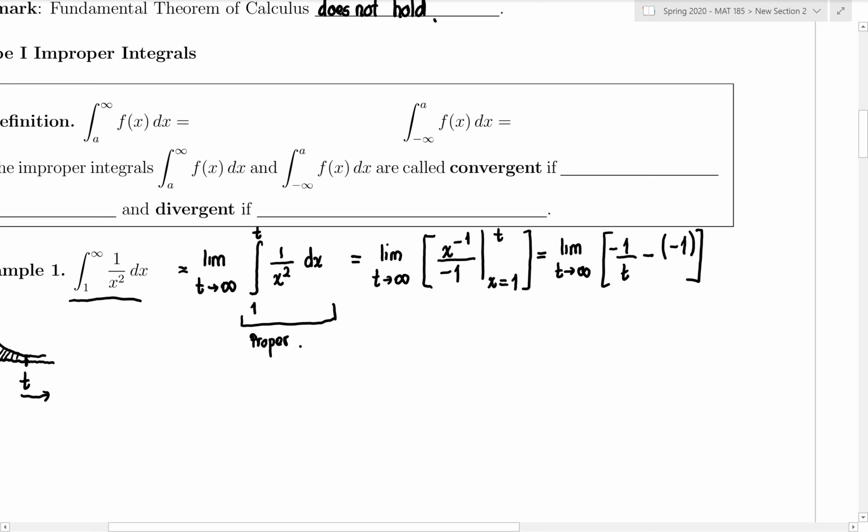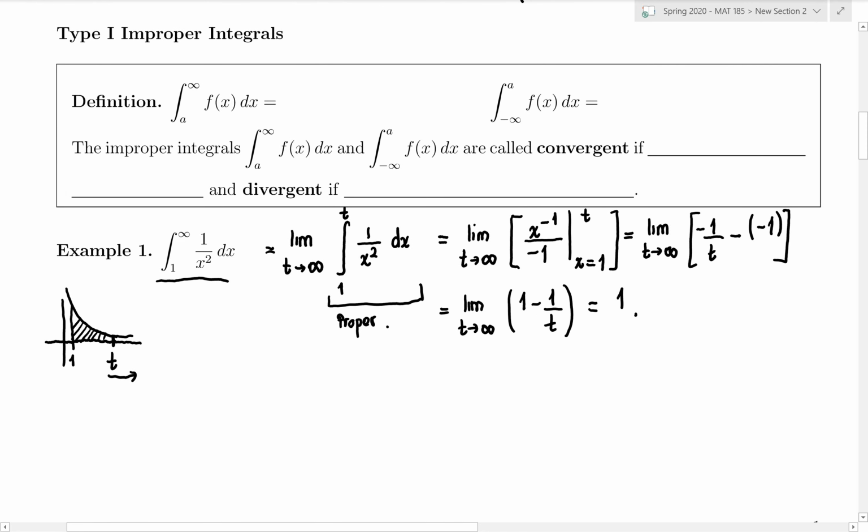If I put these together, I get the limit as t approaches infinity of 1 minus 1 over t. And as t approaches infinity, 1 minus 1 over t approaches 1. So the area under 1 over x squared as x goes from 1 to infinity is 1.